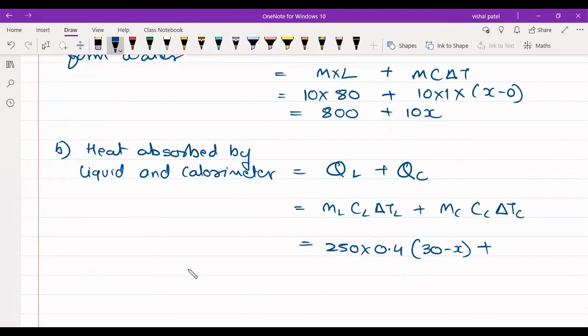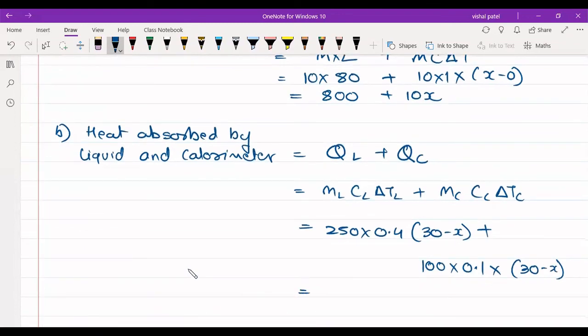Plus, the same for the calorimeter: the mass of the calorimeter is 100, specific heat is 0.1, and change in temperature is 30 minus x.